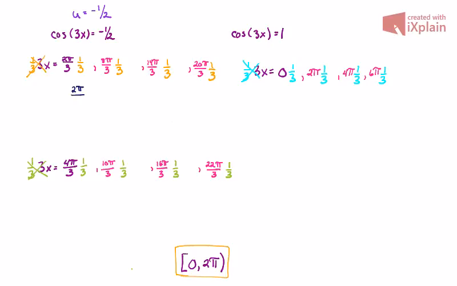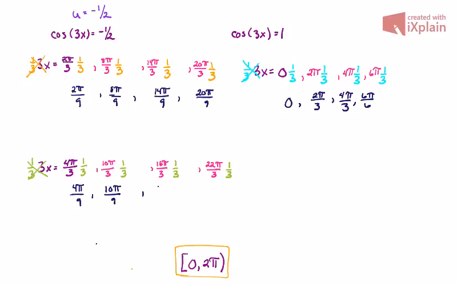So we'll get 2 pi ninths, 8 pi ninths, 14 pi ninths, 20 pi ninths, 0, 2 pi thirds, 4 pi thirds, 6 pi thirds, 4 pi ninths, 10 pi ninths, 16 pi ninths, 22 pi ninths.